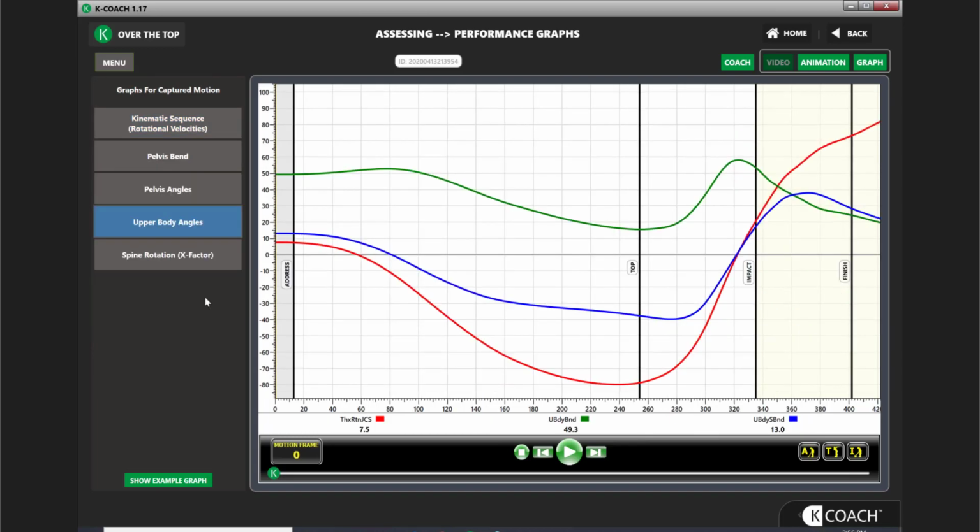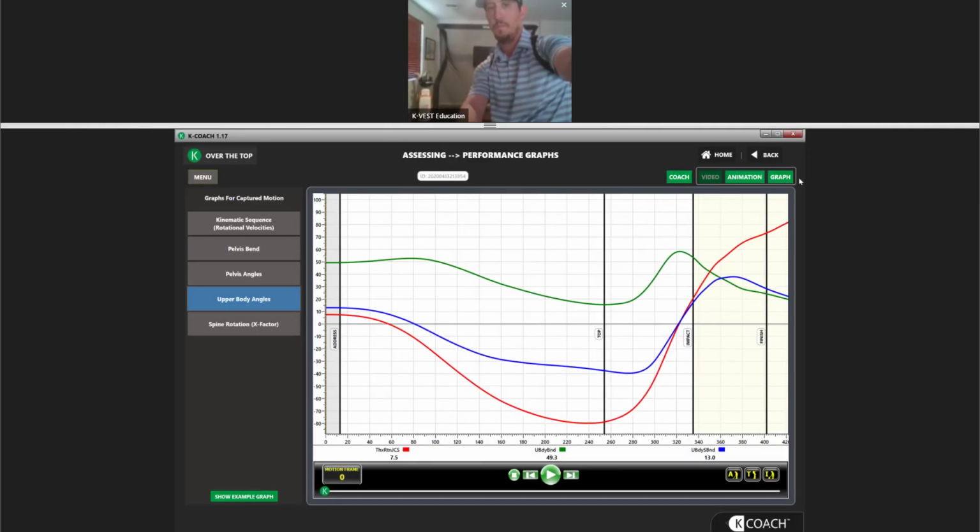So it's an upper body graph again, and you're going to look at two things. You're going to look at the side bend line, and you're going to look at the rotation line. All right, let me pull my camera up. Okay.